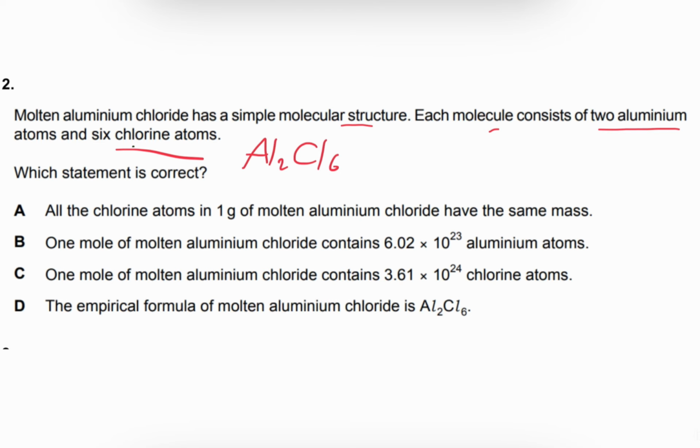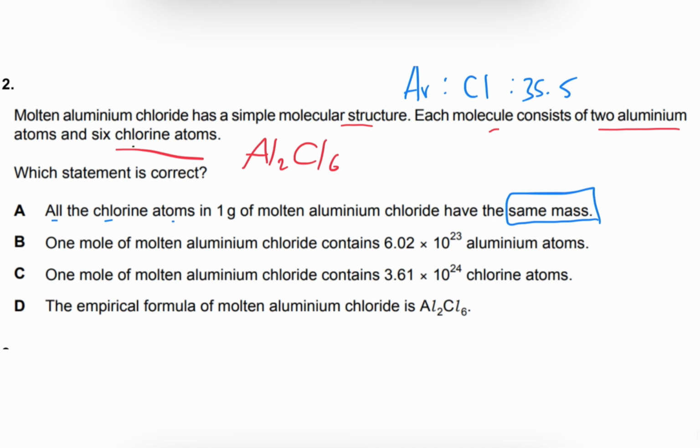Let's go to A. A says all the chlorine atoms in 1 gram of molten aluminum chloride have the same mass. First of all, you're going to say this sentence seems so true, since you have a chlorine atom and it's supposed to be the same. But if you go to the periodic table and look at the Ar of chlorine, you can see that it's 35.5.